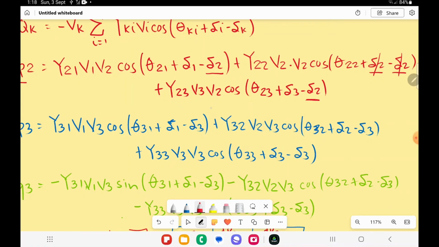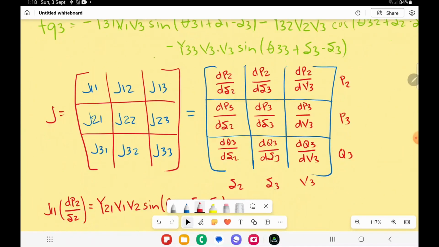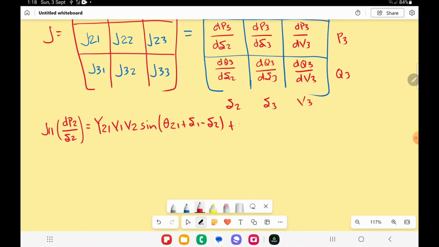So we have positive Y23 B3 B2 sine theta 23 plus delta 3 minus delta 2. So plus Y23 B3 B2 sine theta 23 plus delta 3 minus delta 2.